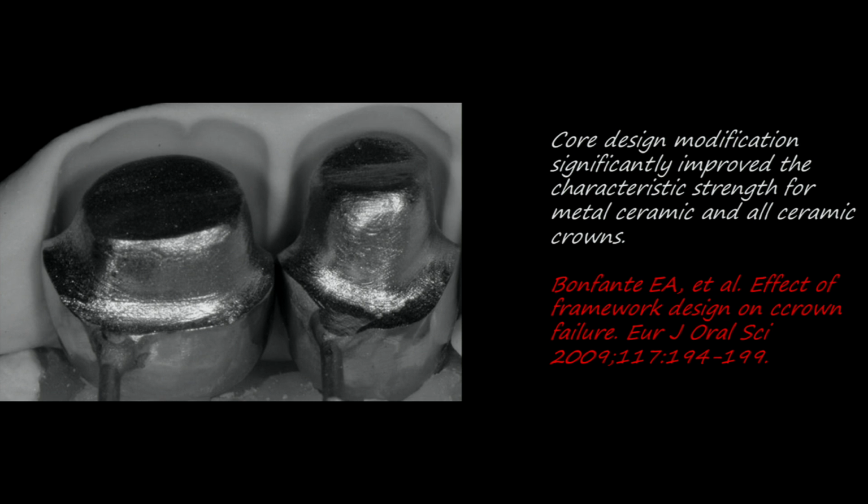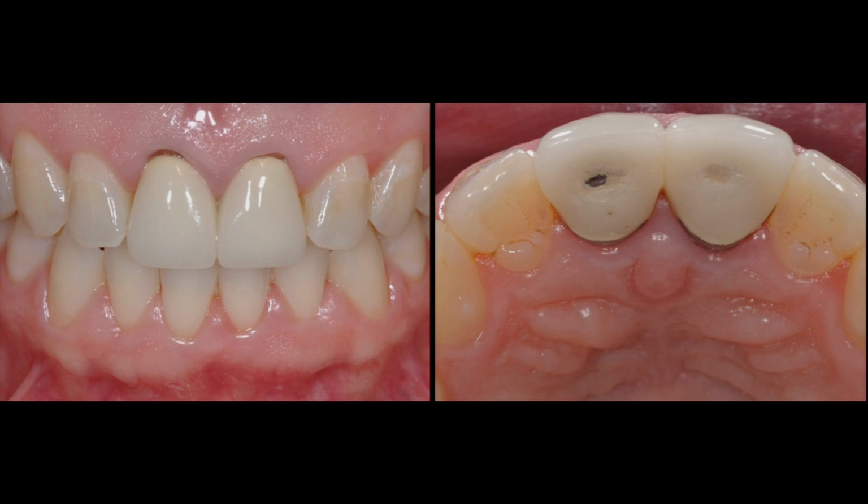With that said, we know that this has been an old concept which we used for years for metal ceramic restorations, and addressing that lingual or palatal collar and the interproximal collar will facilitate the durability and longevity of such restorations.